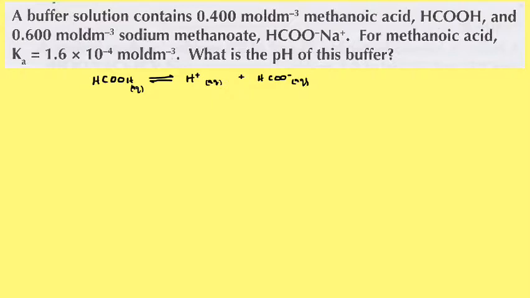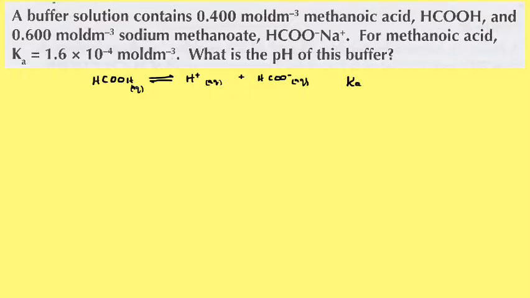And it's a weak acid, so most of the acid particles remain undissociated. And the reason we write this equilibrium equation down is so that we can write an expression for the acid dissociation constant, which we are given the value of in the question.